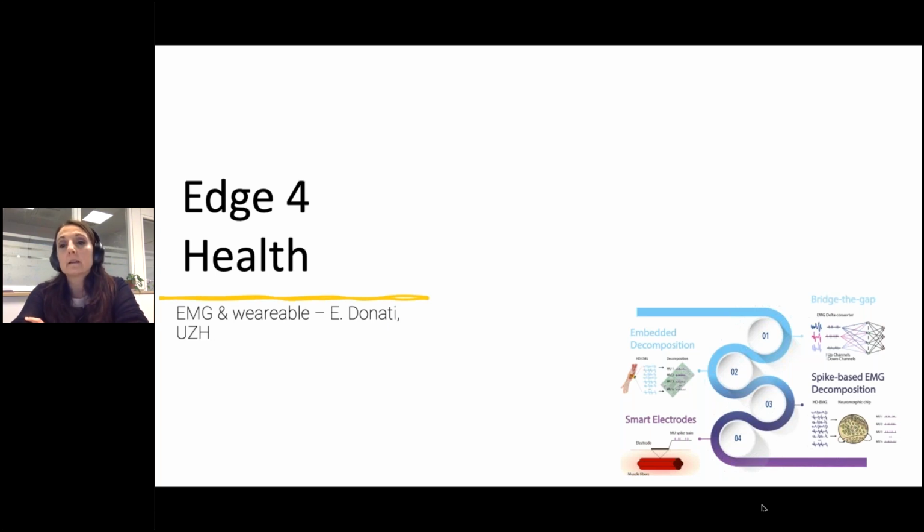And then this goes towards miniaturization and the idea of having electrodes, and each electrode has its own small device that does this EMG decomposition and movement classification, so that you can have a very low power wearable device that you can use in prosthetic applications.